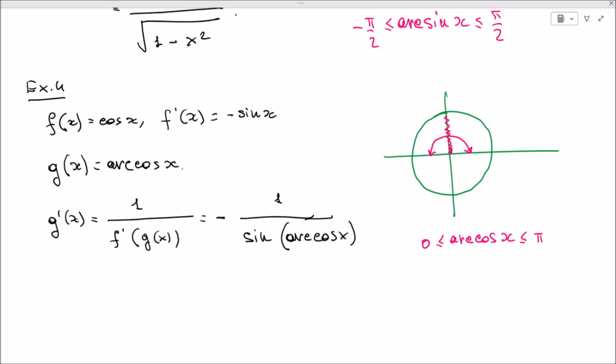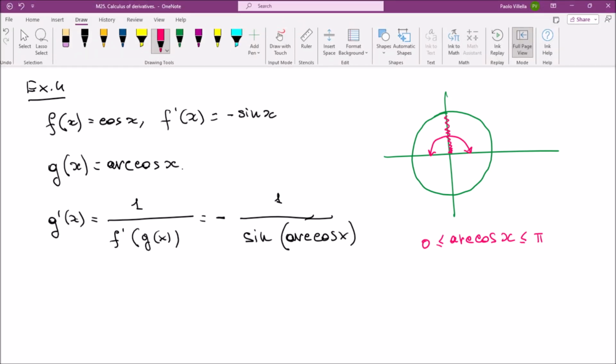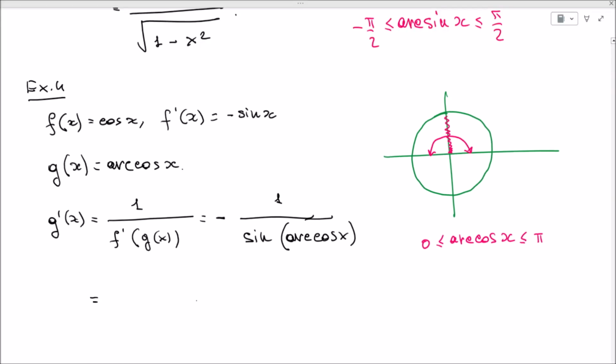So we can re-express this as 1 divided by simply the, we have a minus in front, okay, because we have that minus in front that comes from the derivative of the cosine.